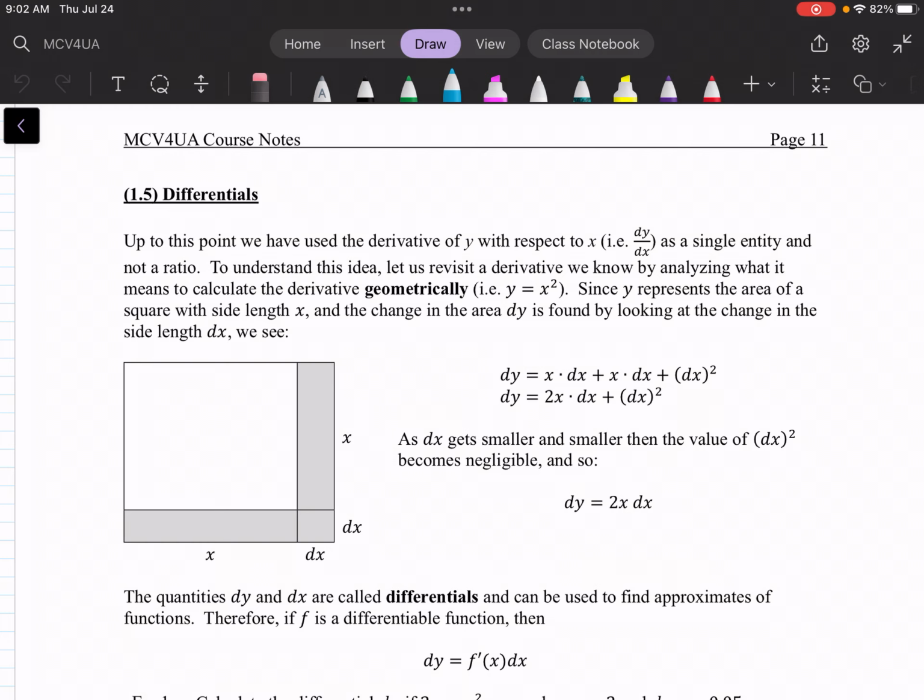To understand this idea, let us revisit a derivative we know by analyzing what it means to calculate the derivative geometrically. For instance, y equals x squared. Since y represents the area of a square with side length x, we have this right here.